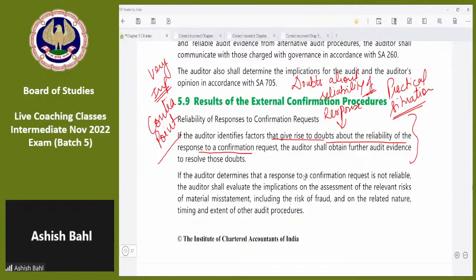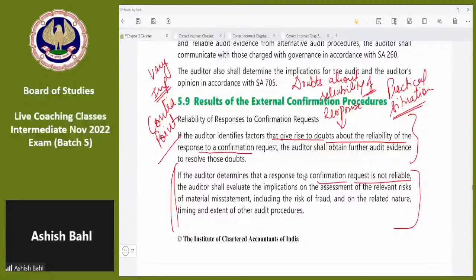So if the auditor thinks that the response to a confirmation request is not reliable, then again he will do the same thing. He will assess the risk of material misstatement, including the risk of fraud, and he shall determine what shall be further audit procedures. It is, again, guys, I am trying to explain to you, not the usual case.